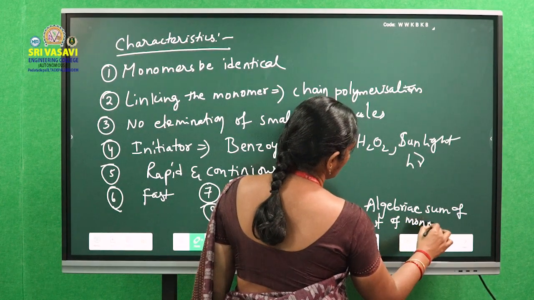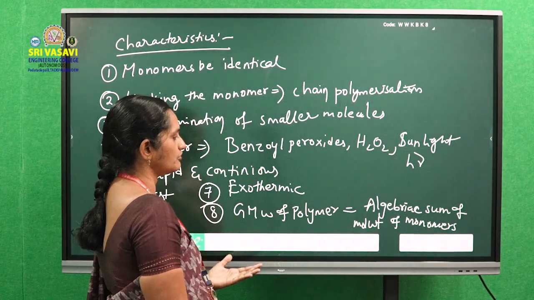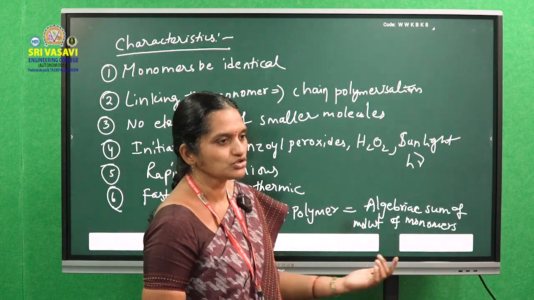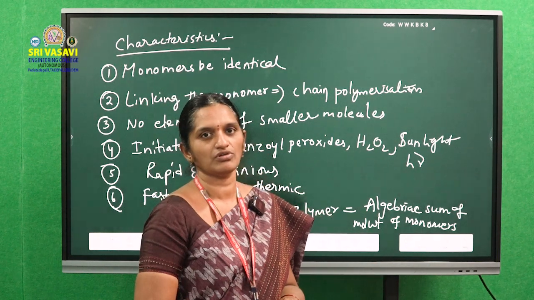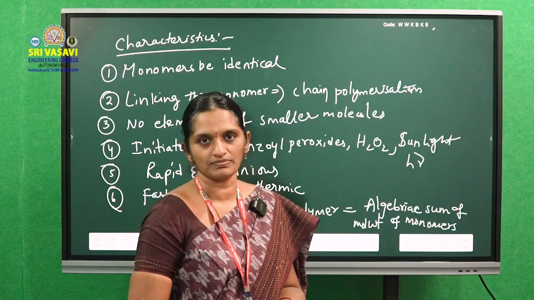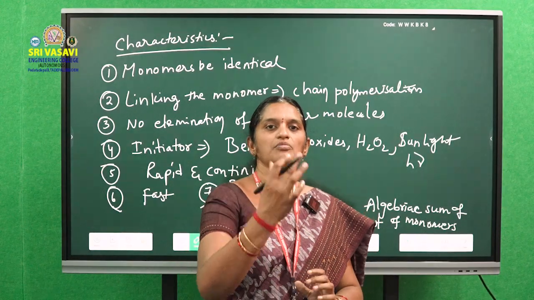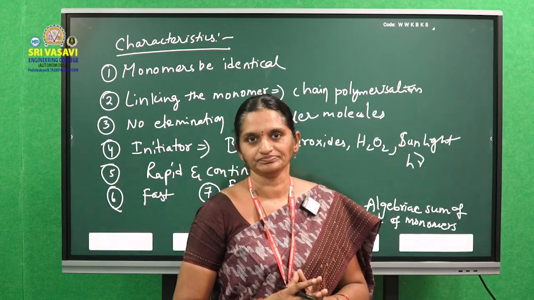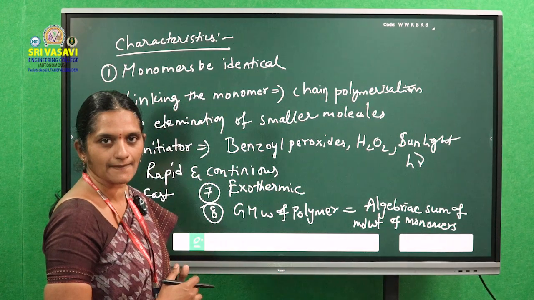We have taken 4 monomers, and each has a molecular weight of 5, so 4 into 5, 20, is the polymer. So it is the algebraic sum, or the integral multiple, of the molecular weights of the monomers involved in it. These are some of the characteristics.